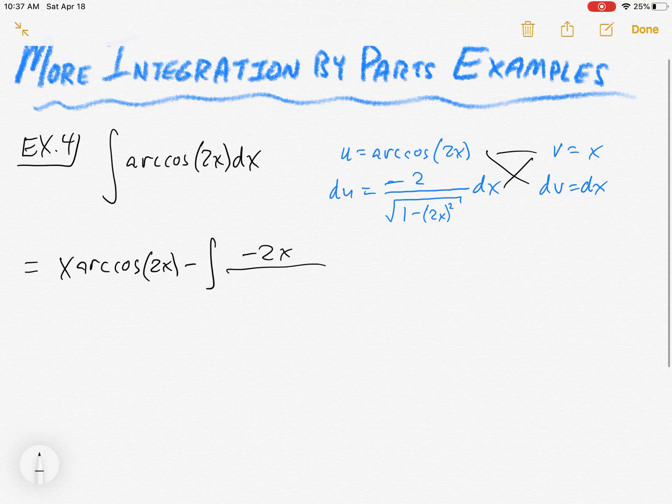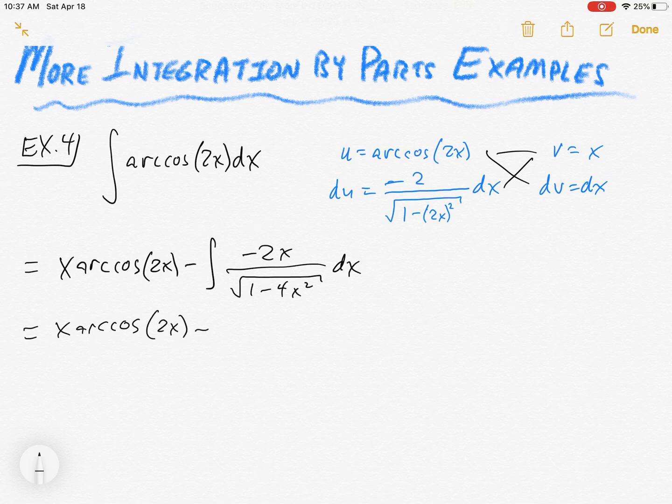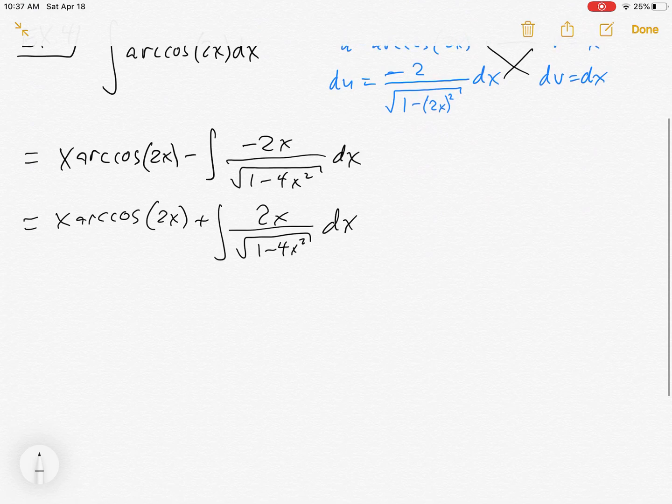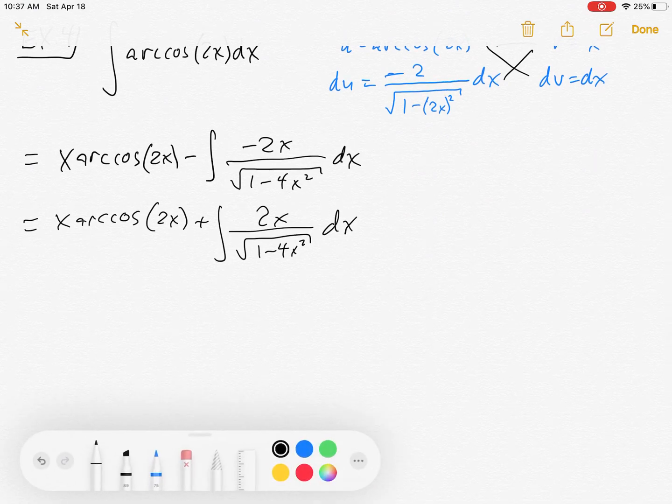We couldn't do anything with that, but we're hopeful the last leg of the picnic table is going to really help, and it's going to be negative 2x over this. So really I just stuck that x on there. That's 4x squared now. We can change that to a plus. I guess I'll go ahead and do that. I probably could have done that on this original step, but I didn't.